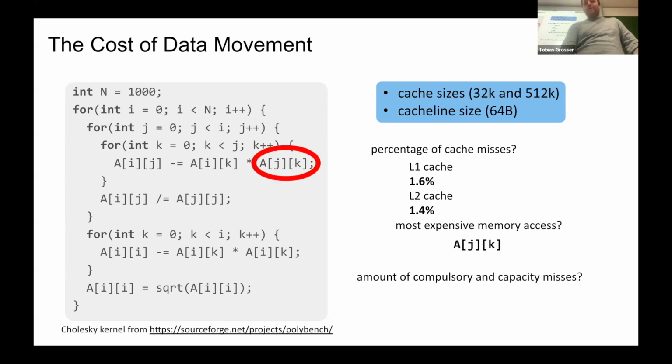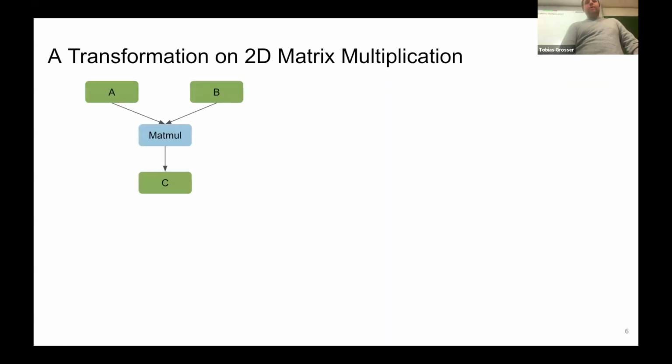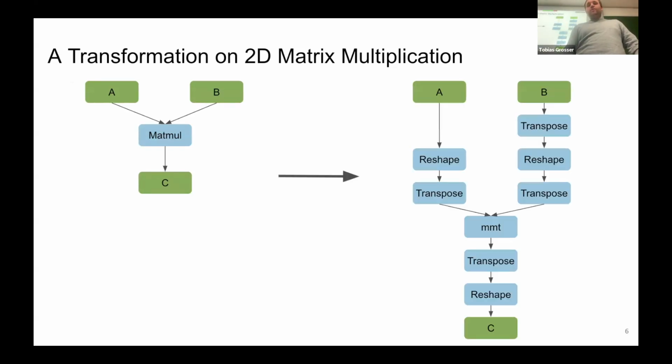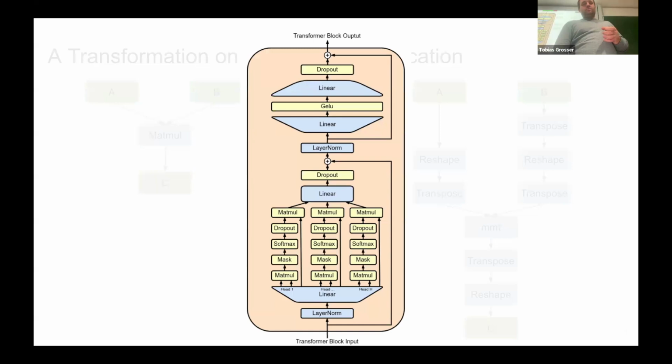So that's also the most expensive memory access, if you want to count the different cache misses. But the point is that in a lot of deep learning frameworks, we want to optimize matrix multiply into slightly more complicated variants of matrix multiply that run better on a certain piece of hardware, or we want to have a Fourier transform, which is just a slightly more complex variant of matrix multiply.